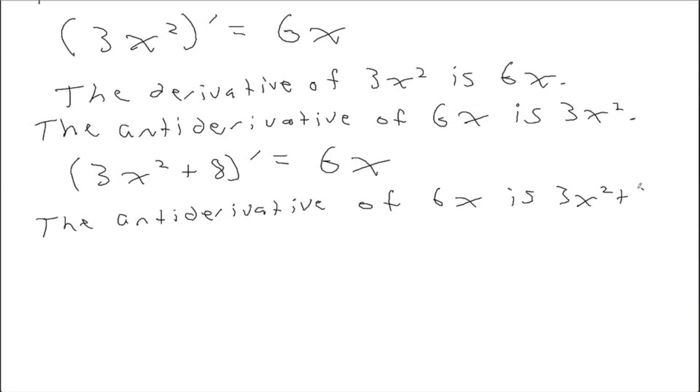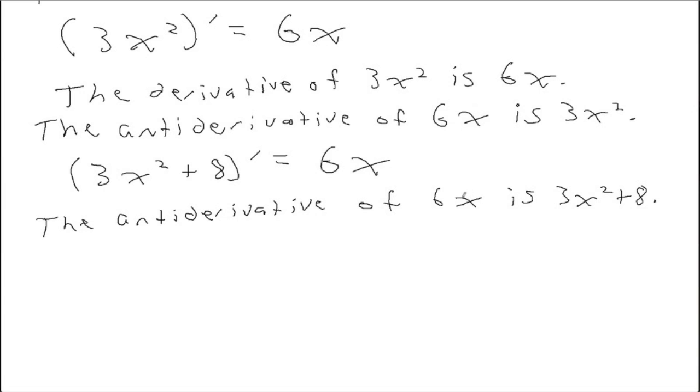If you compare these two cases, what we can see is a function can have more than one antiderivative. The moral here is, what is the antiderivative of 6x? Well, it's kind of an unclear question, because so far we've listed two antiderivatives. 3x squared is an antiderivative of 6x, but 3x squared plus 8 is also an antiderivative of 6x.